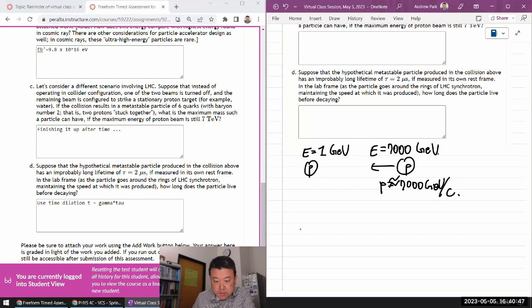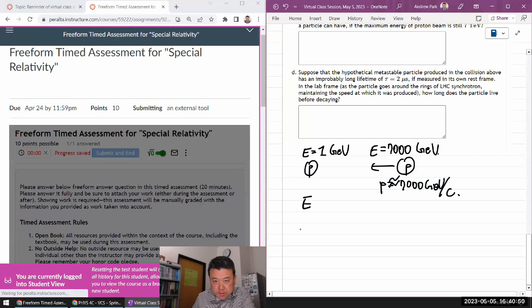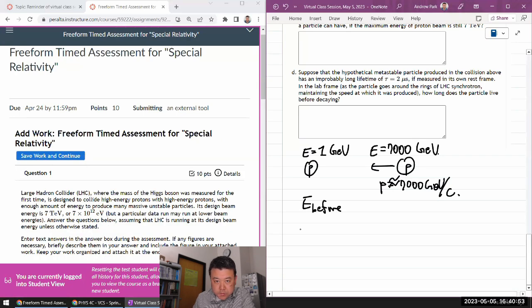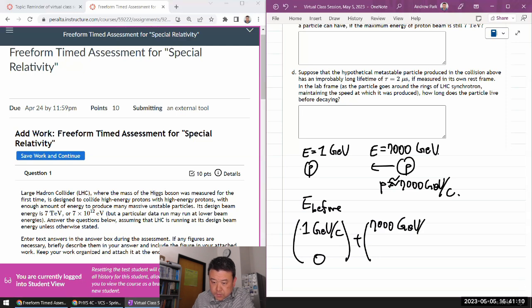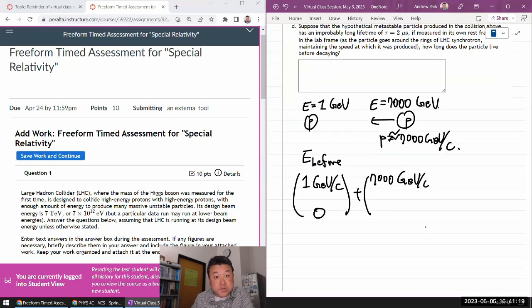Let's see. So the energy-momentum four-vector before is going to be 1 GeV per c, 0, plus 7,000 GeV per c, and then I think I can still use the ultra-relativistic approximation, which is to say this is minus 7,000 GeV per c.